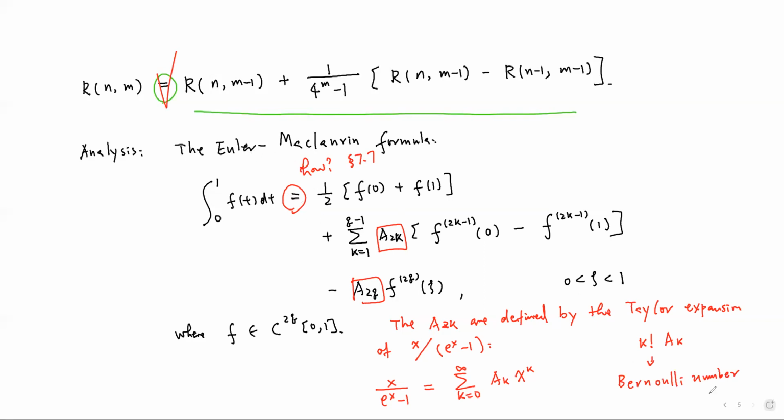Now, to get the Romberg formula, evenly divide the interval a to b into 2^n subintervals.